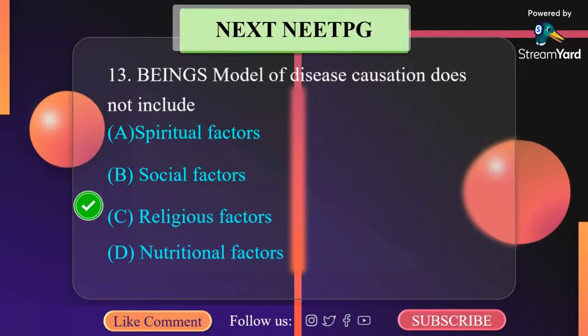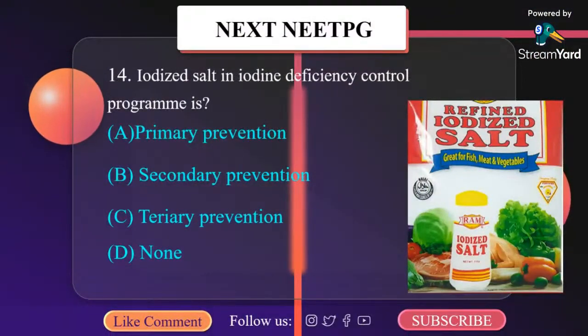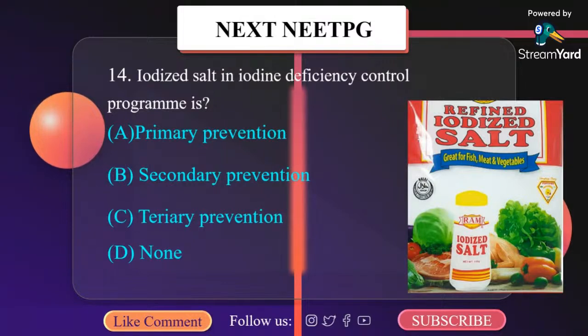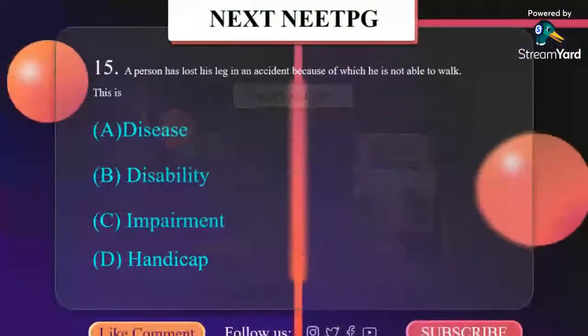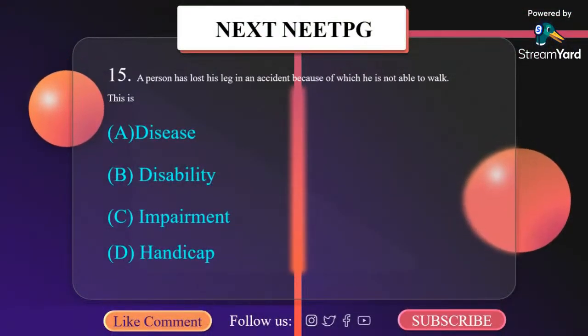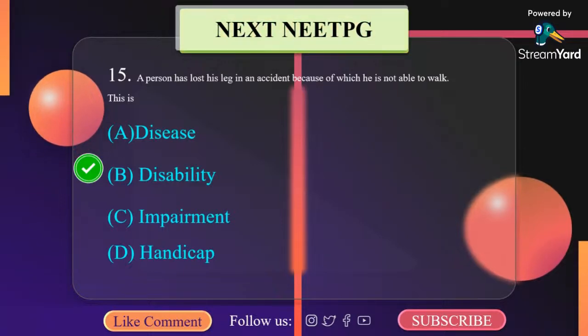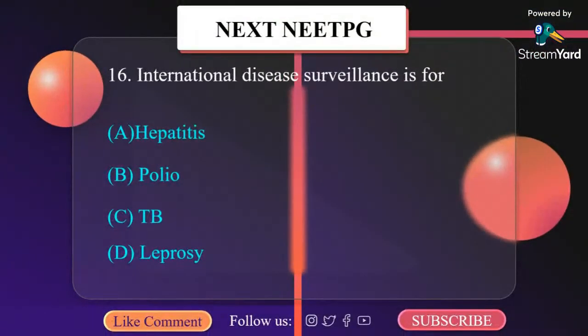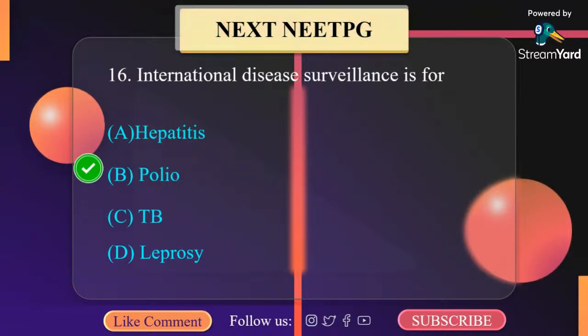It is religious factor. Iodized salt in iodine deficiency control program is A. Primary prevention, B. Secondary prevention, C. Tertiary prevention, D. None. It is primary prevention. A person has lost his leg in an accident because of which he is not able to walk. It is disability. International disease surveillance is used for polio.